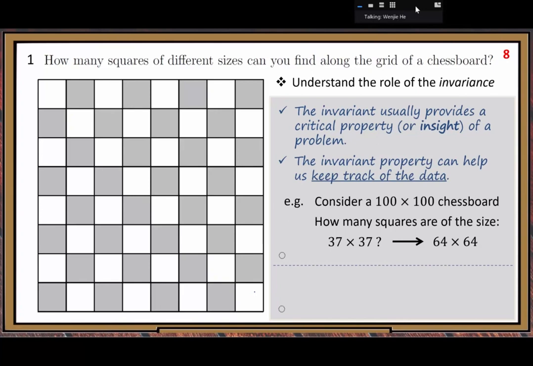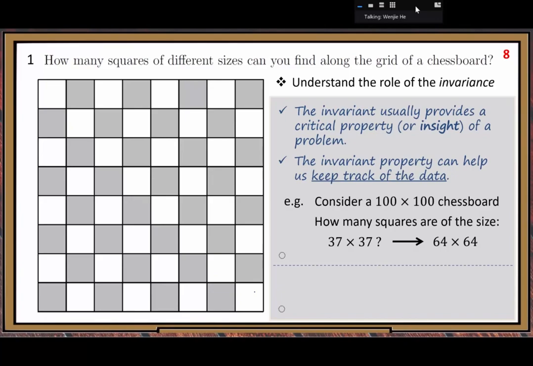How do we keep track of the data? We use this invariant quantity. Otherwise, imagine if you do not use this invariant concept. How do you get the 64 squares? It's pretty hard, right?